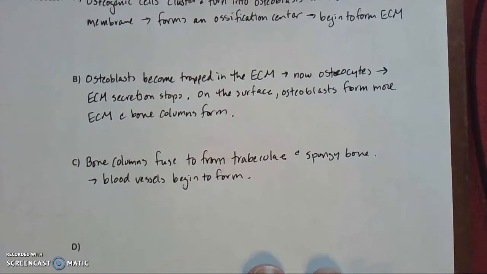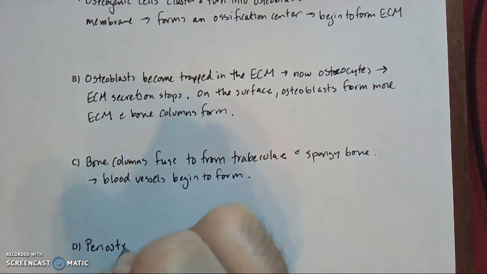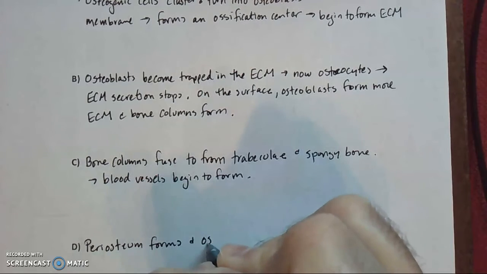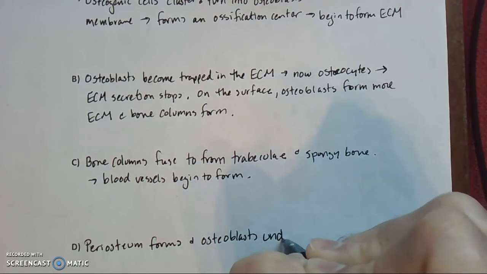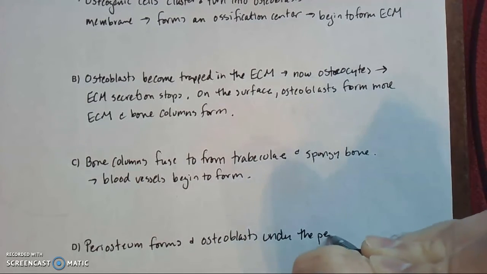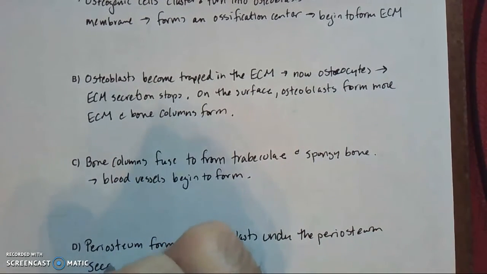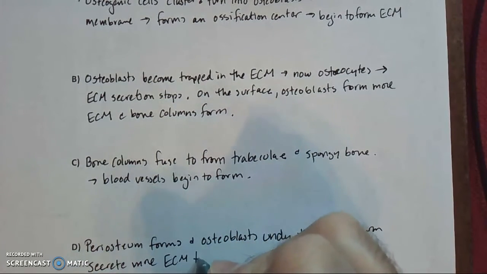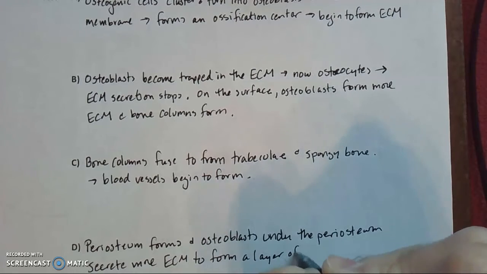And our last step, periosteum forms around the bone, and osteoblasts under the periosteum secrete more ECM to form a layer of compact bone.